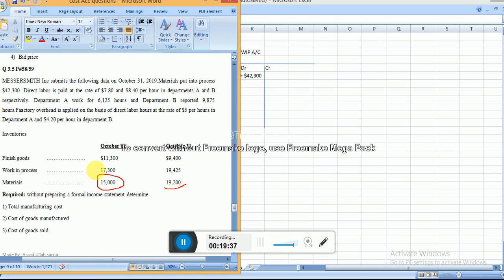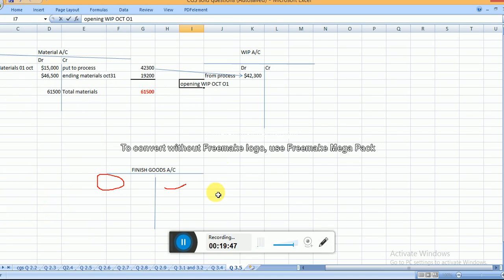Look, 17,300. This is our opening work in process. Means this is the work in process remain from the previous month. So the 17,300 work in process is remain from the previous month, and the 42,300 we put into the process. On this we add in the work in process. So we have direct labor cost, DLC.